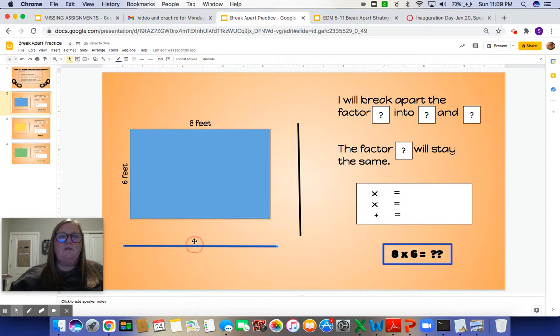So if I use this one and I break apart horizontally, I might want to break apart 6 into 4 plus 2, because I know 4 plus 2 equals 6. So then I'm going to break apart the factor 6, so that'll go in the first box, into 4 and 2. And then my factor 8 will stay the same.